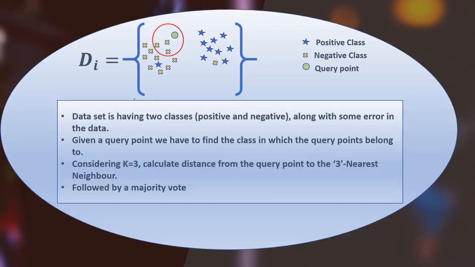As I mentioned in my previous video, for a classification or any machine learning problem, we need a data set D. This is our data set D, which is denoted geometrically in a high dimensional space.